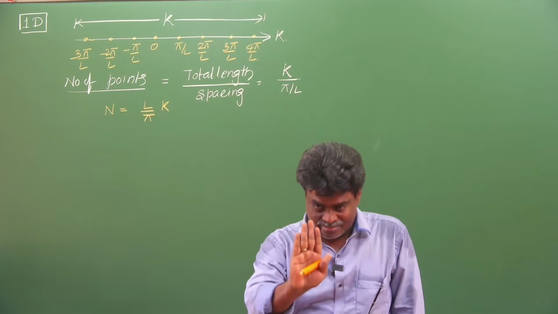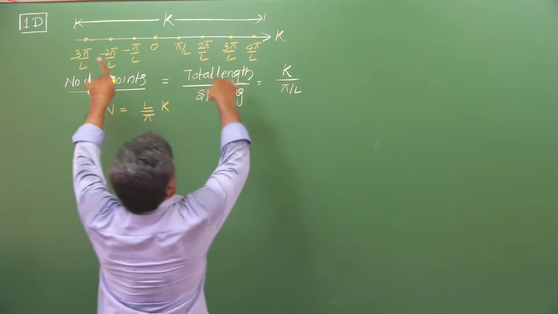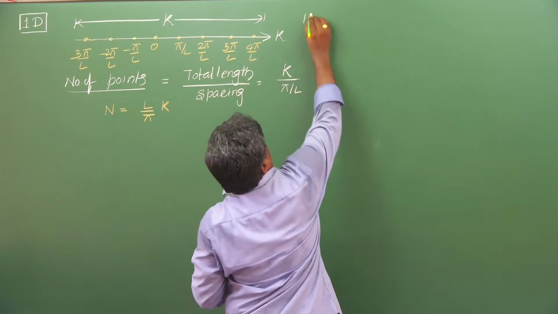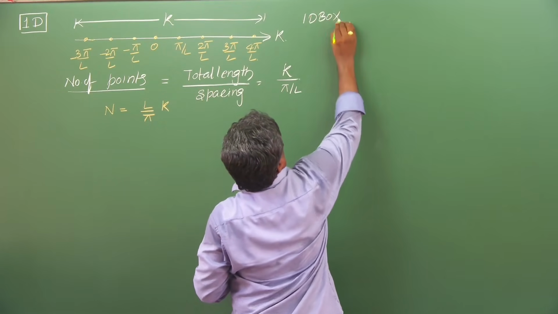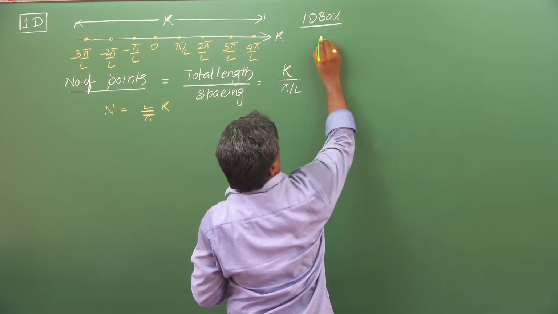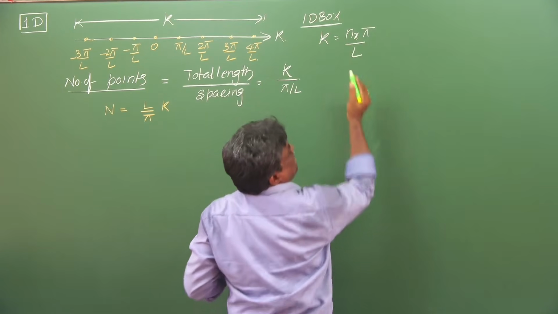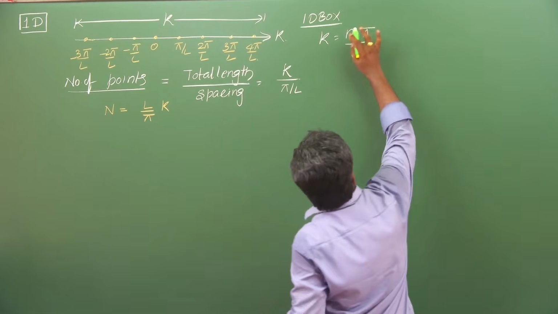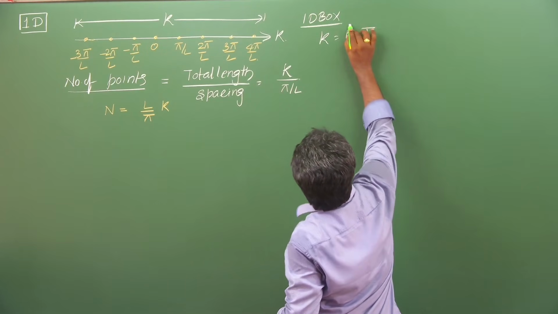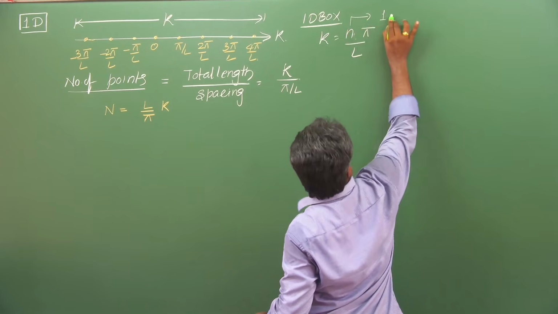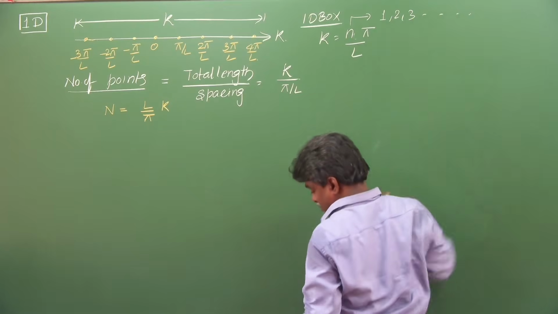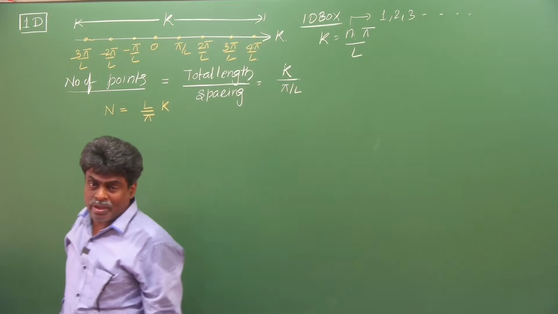Why, sir? How did you get this derivation? You have taken the 1D box. In the 1D box, you have written k equal to n pi by L. This n value, do you have any negative values?